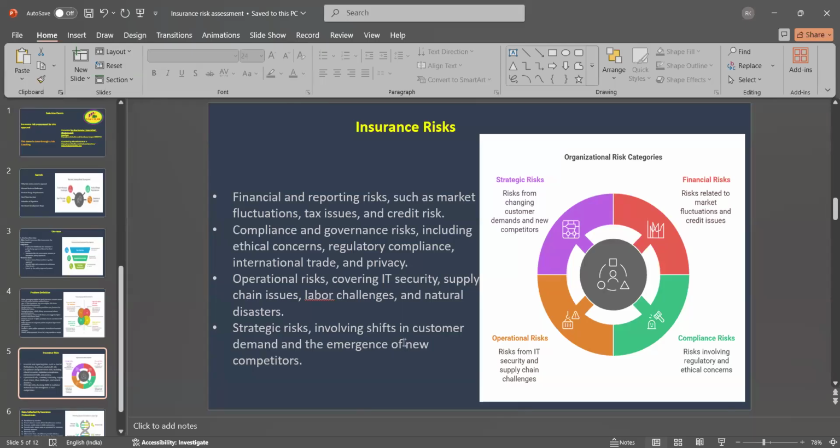Strategic risk involves shifts in customer demand and the emergence of new competitors. Here we see the number of competitors coming into the market. If your premium is high, the customer goes to those who have a low premium. This comes in the future.